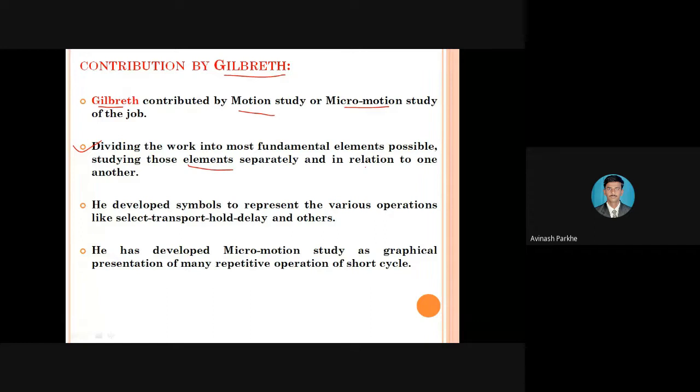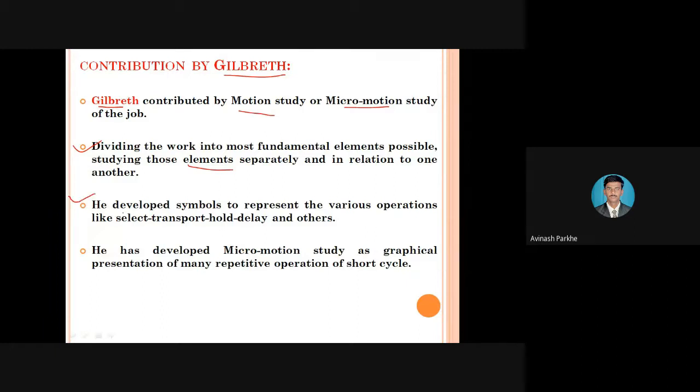So instead of performing the operations on different workstations, we have to check whether we can perform those operations on the same workstation. If it is possible, obviously the number of operations will decrease, and that job does not have to travel the maximum distance from one station to another station. So this is the second contribution contributed by Gilbert.